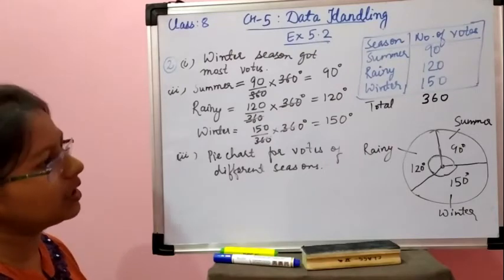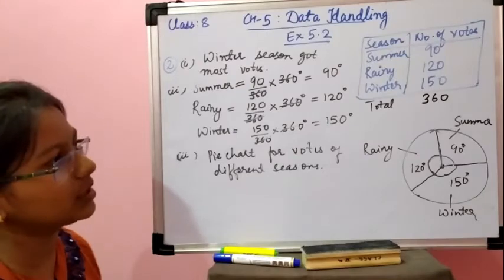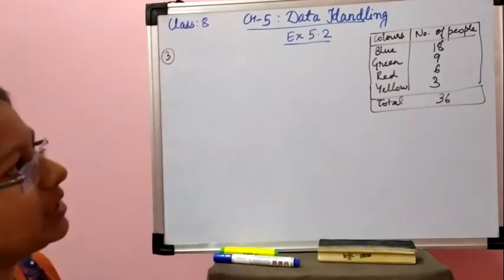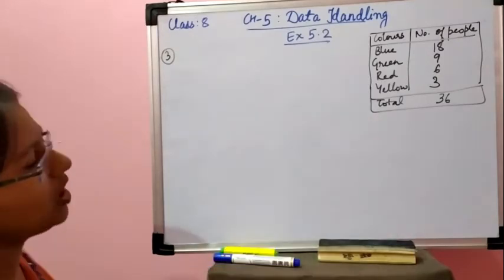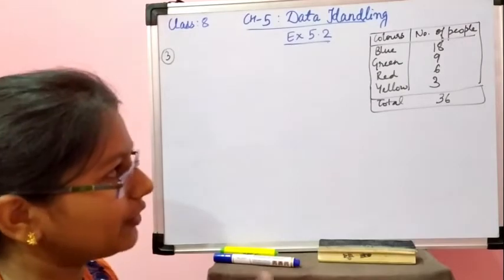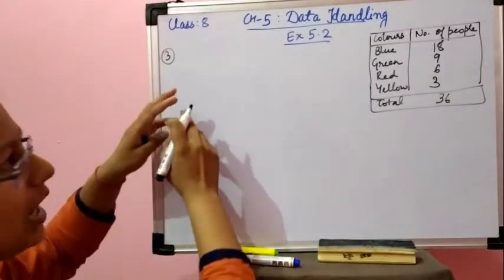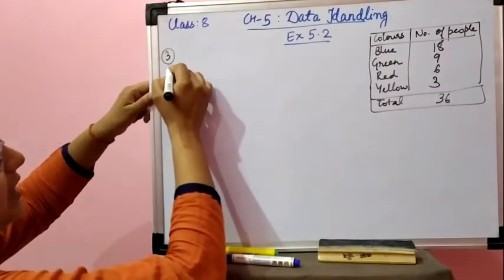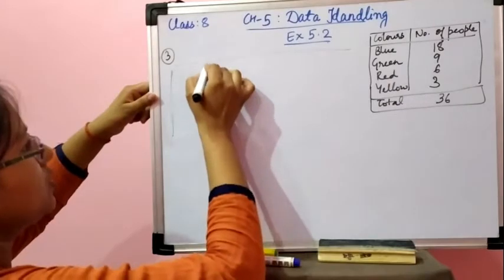Now the third question I will explain now. Okay, so just look at that question. In question number 3, this table is given to you and the question is to draw the pie chart for the given data. Now for drawing the pie chart, I told you the first step is to find the central angle. For finding the central angle, we can make a table in which we find all the angles together.